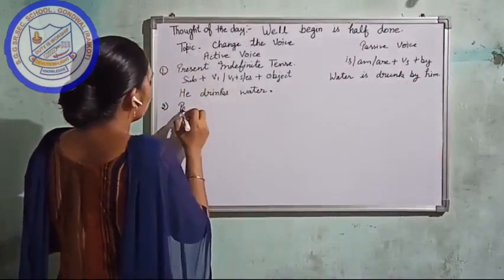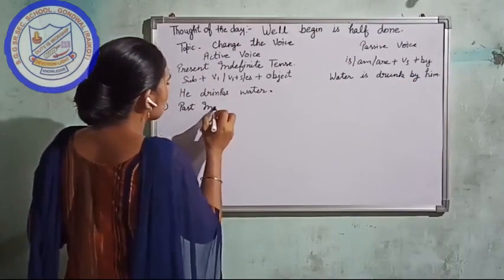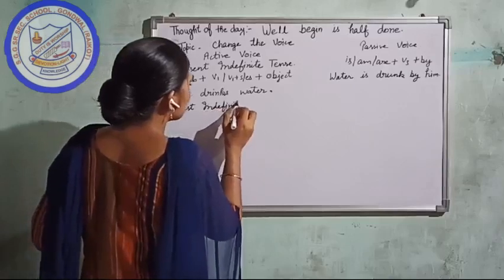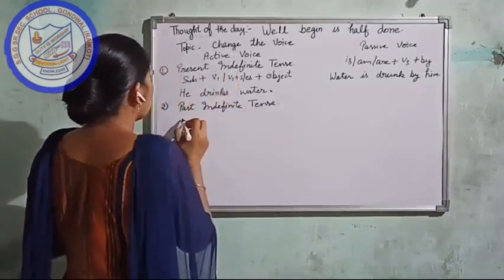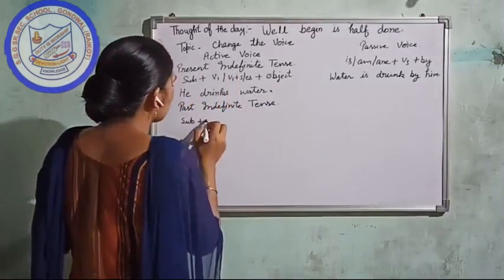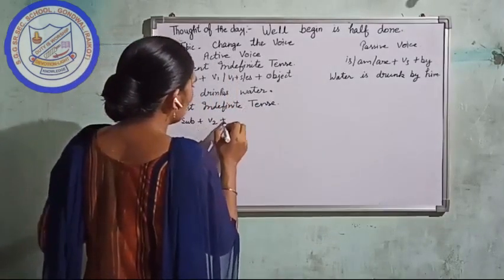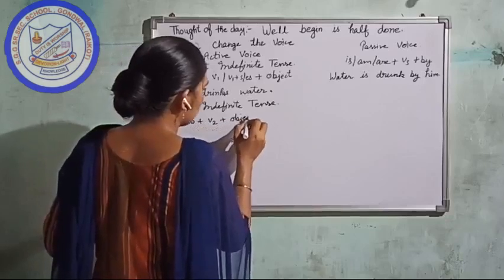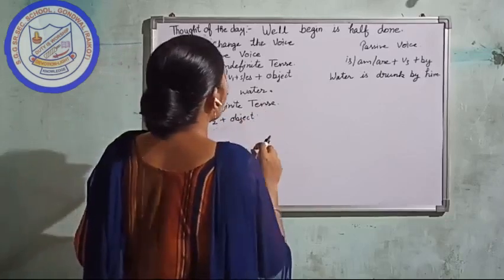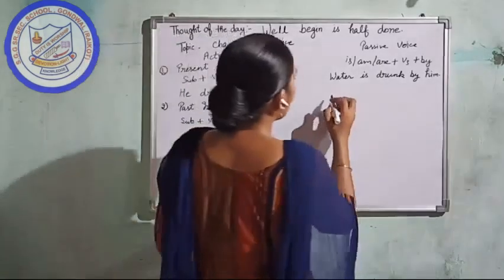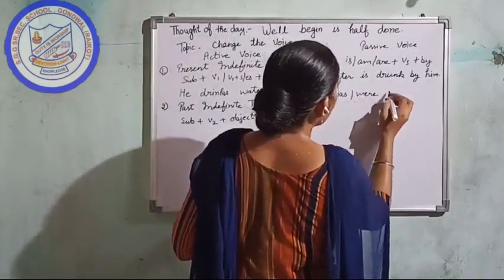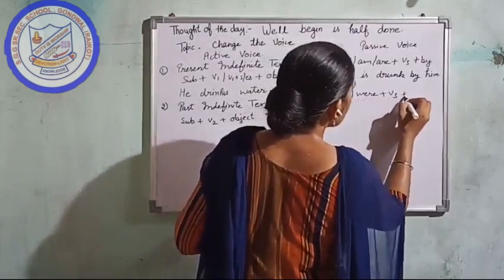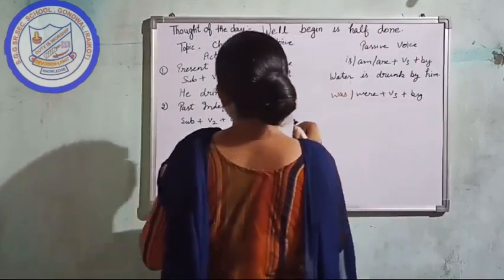In past indefinite tense, yes, the rule: subject plus B2 plus object. In passive form, we will make use of was and were helping verb plus past participle and by.